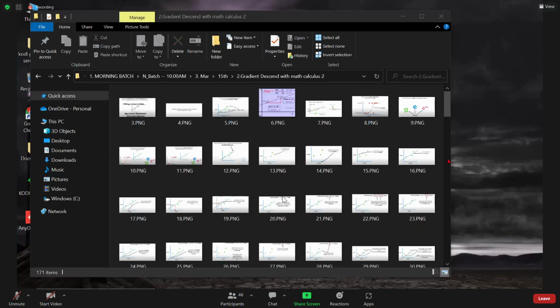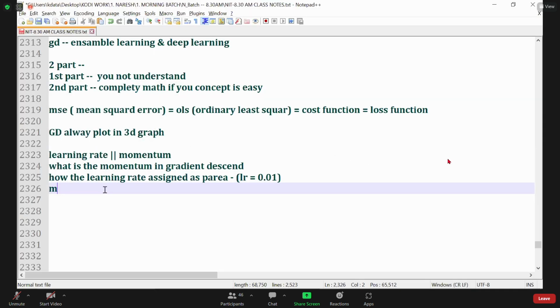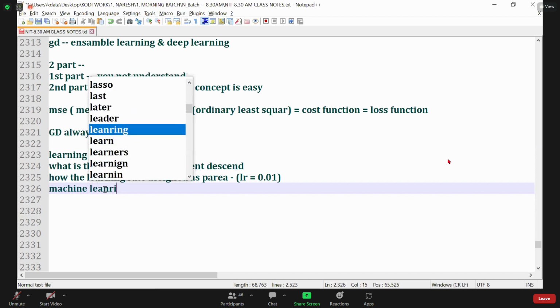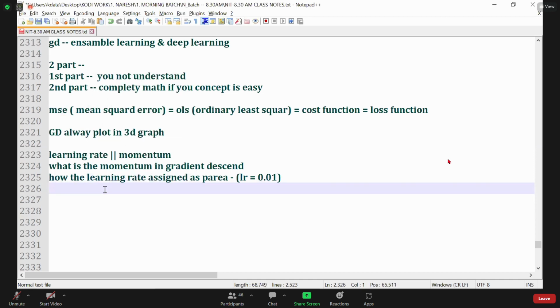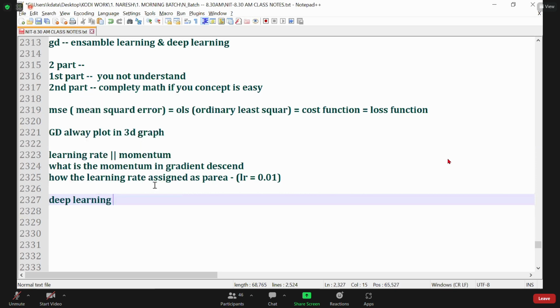I don't want you to practice that. I want you to know it, because in machine learning, in deep learning, we use this gradient optimizer a lot. In deep learning, when we build with TensorFlow, we need to mention an optimizer. There is a parameter called optimizer.